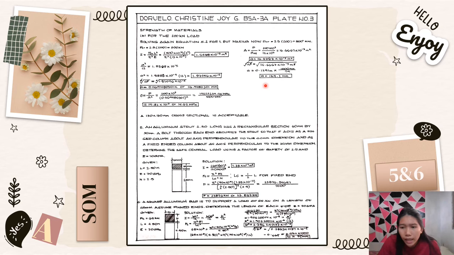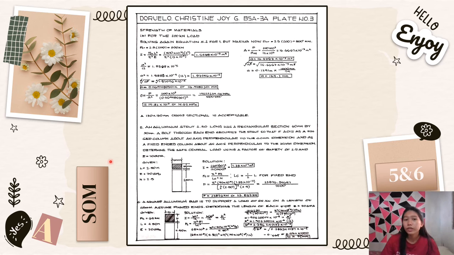So the final answer of A is equal to 129.1 millimeter. So, a 130 by 130 millimeter cross-section is acceptable.